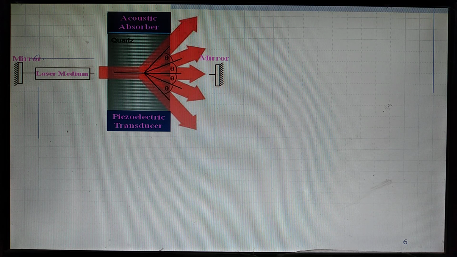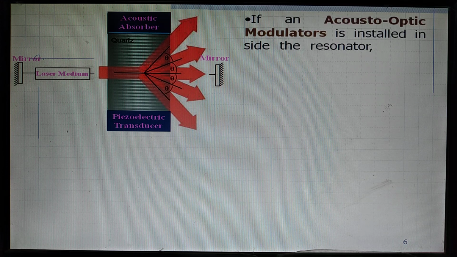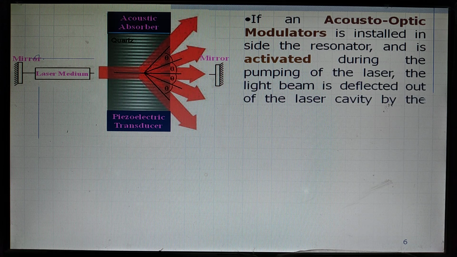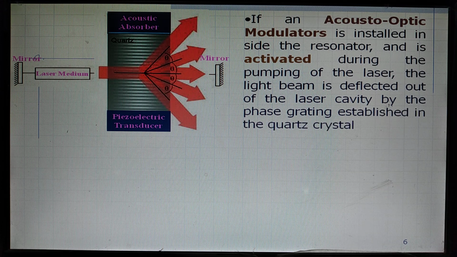If an acousto-optic shutter is installed inside the resonator and if it is activated during the pumping of the laser, the light beam is deflected out of the laser cavity by the phase grating established in the quartz crystal.